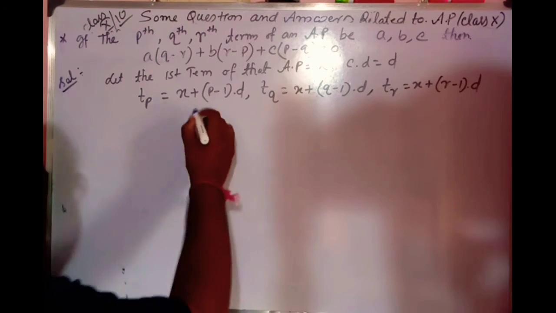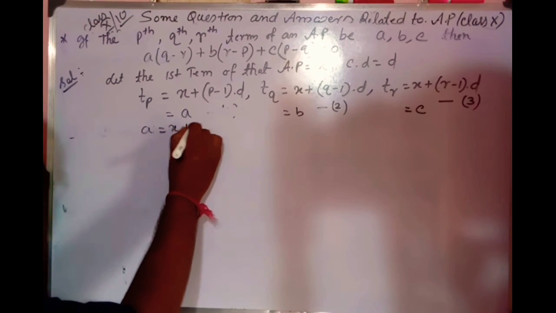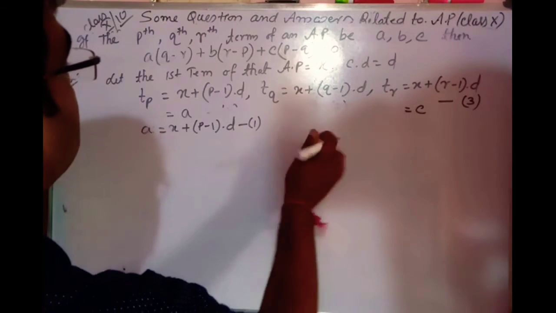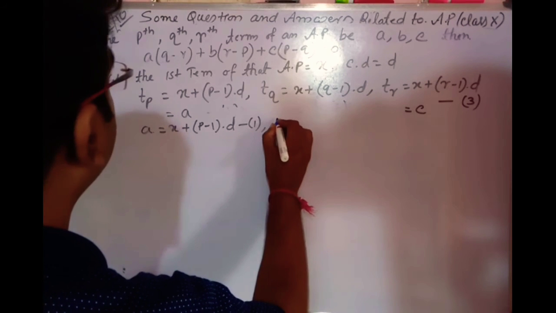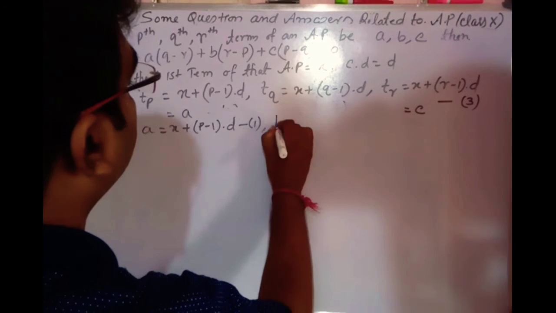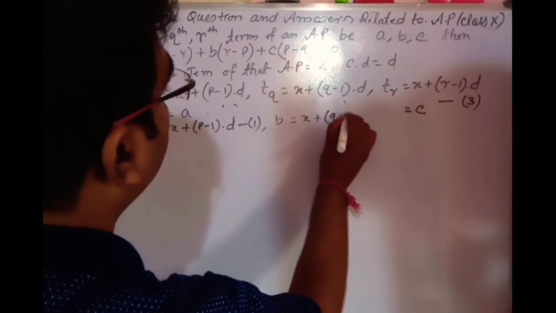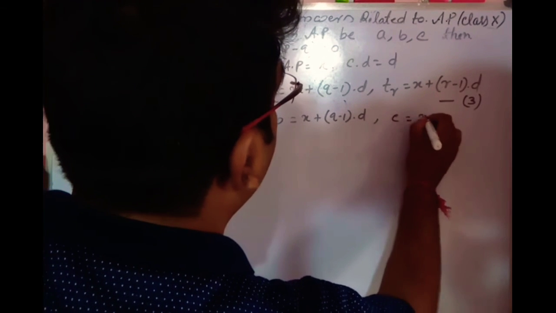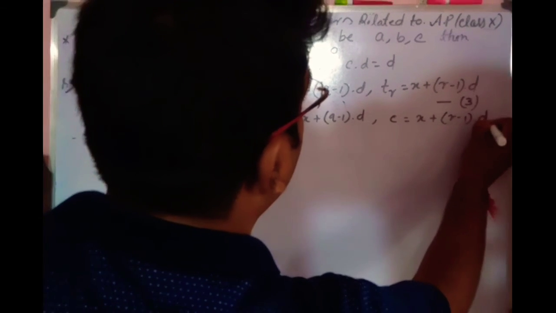Now we have to find a into q minus r plus b into r minus p plus c into p minus q. So we take a equal to x plus p minus 1 into d, this is 1. Here b is equal to x plus q minus 1 into d, and here c is equal to x plus r minus 1 into d.